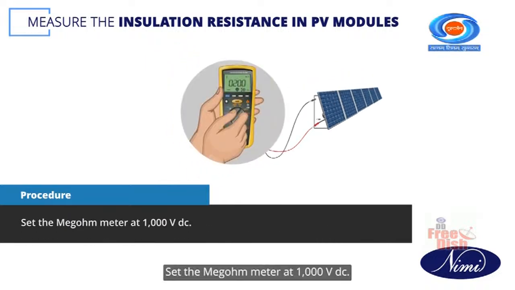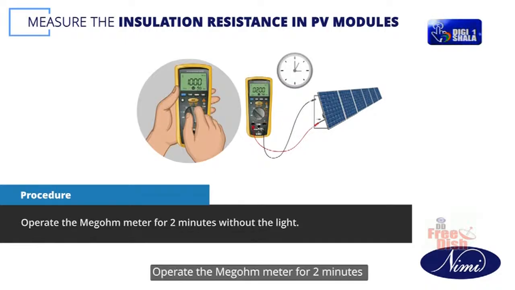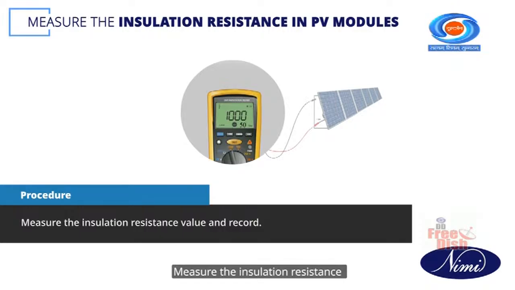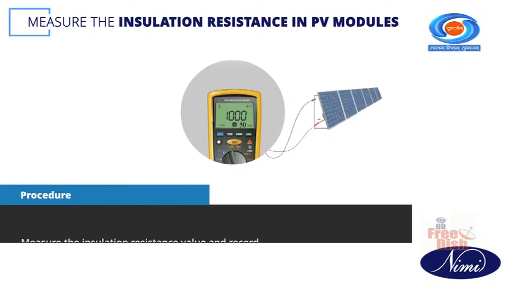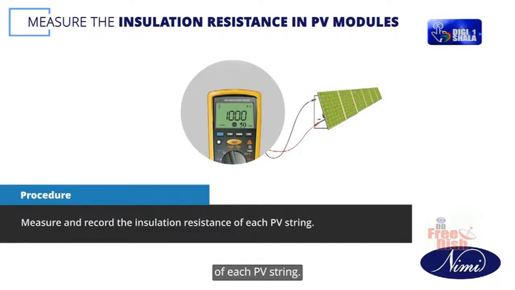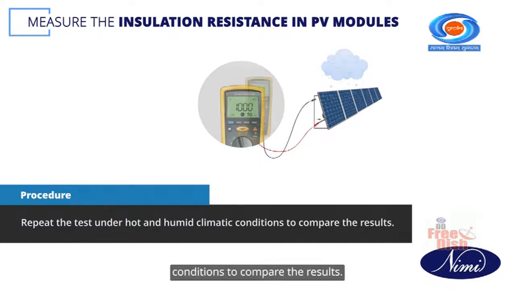Set the Megger at 1000 volts DC. Operate the Megger for 2 minutes without light. Measure the insulation resistance value and record. Measure and record the insulation resistance of each PV string. Repeat the test under hot and humid climatic conditions to compare the results.